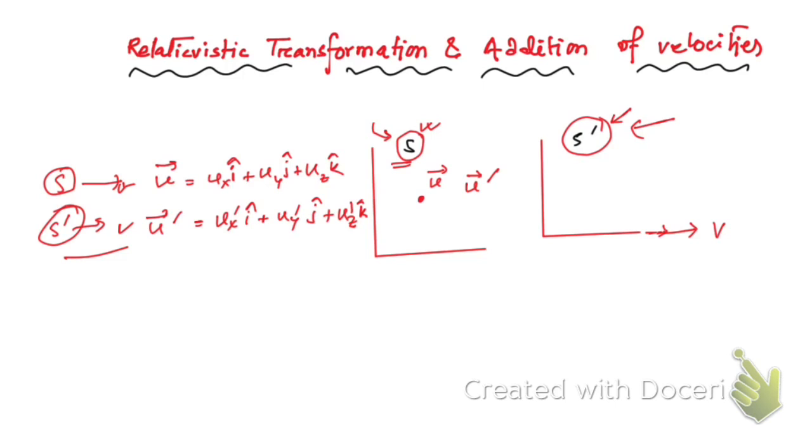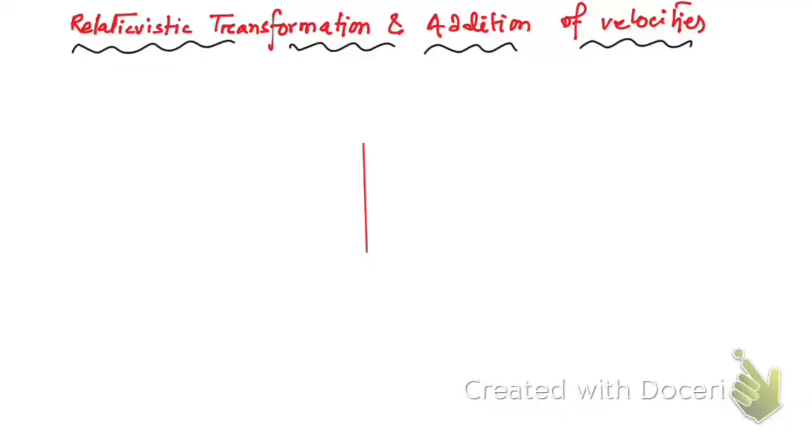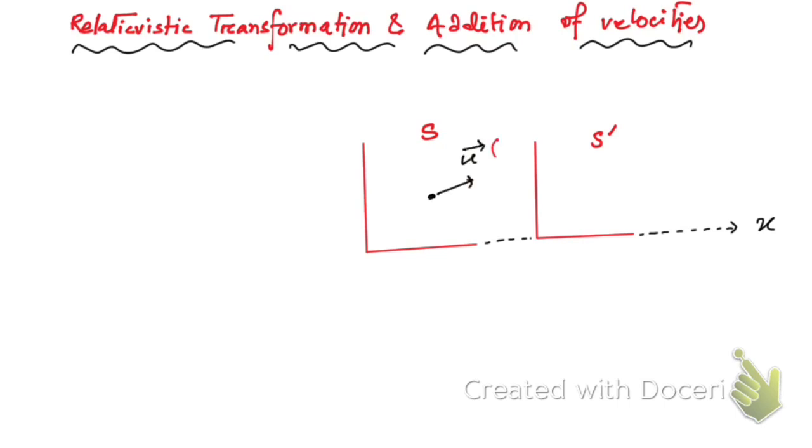Now let me write all the things properly what I have considered here. So these are the two coordinate systems, S and S dash. This is a particle, its velocity is u with respect to S, and its velocity is u dash with respect to S dash frame. And the S dash frame is moving in x direction.